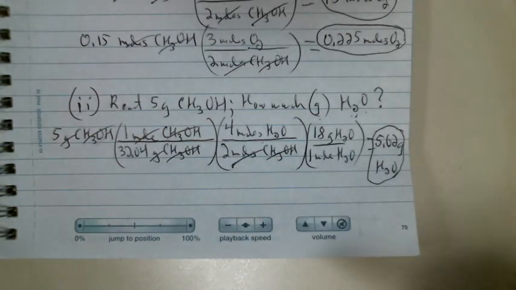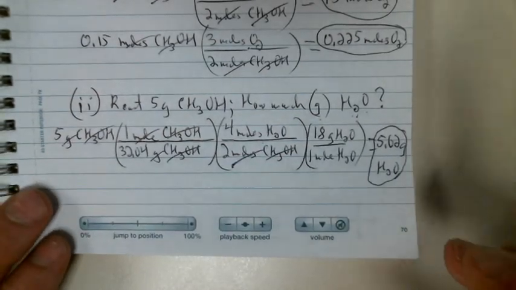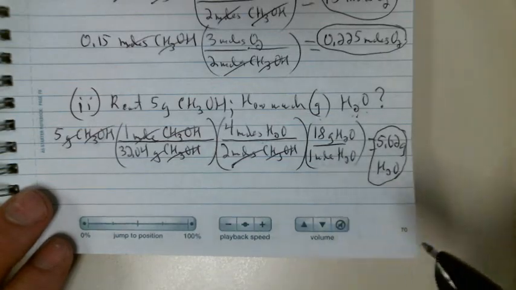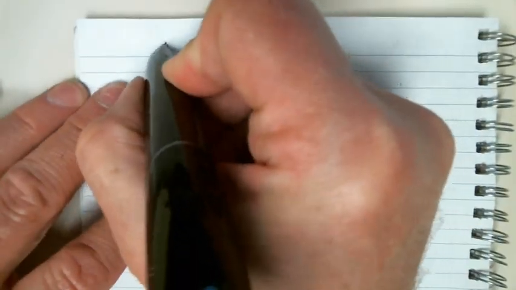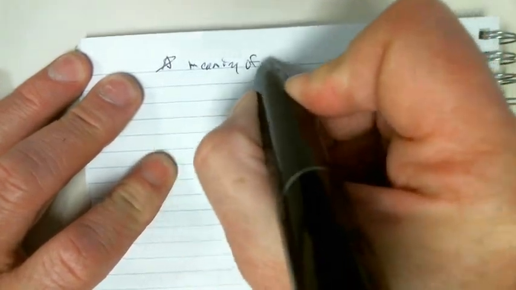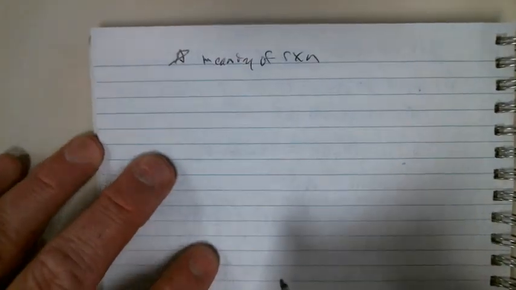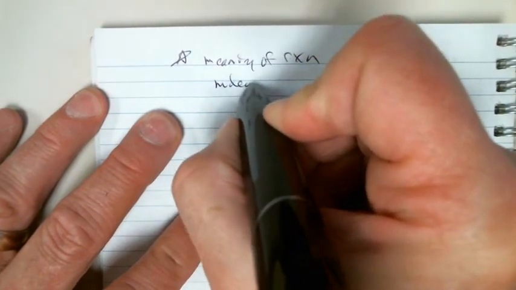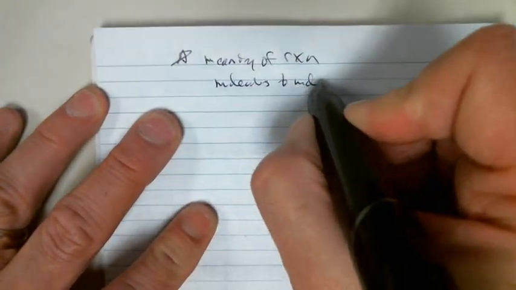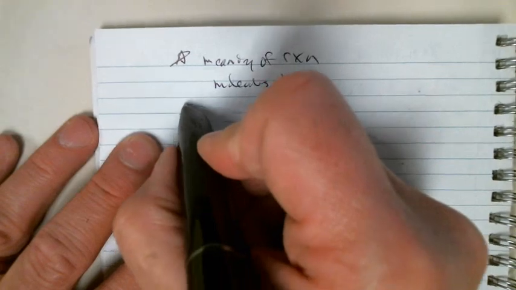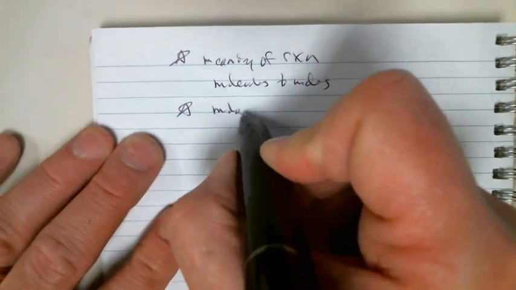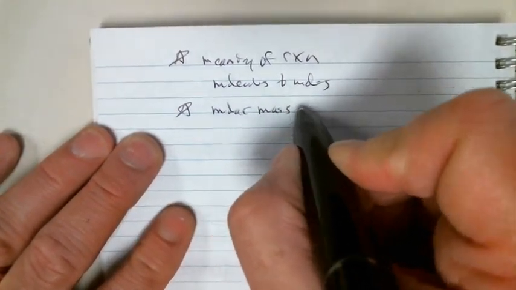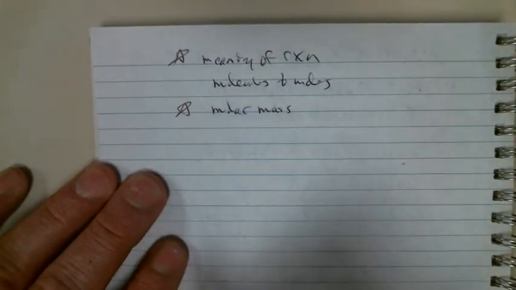So this is a lot right here. Look what we've already done. What have we learned? We've learned the meaning of the reaction, both in molecules and moles. We've learned how to do the molar mass of a molecule by adding all that up.